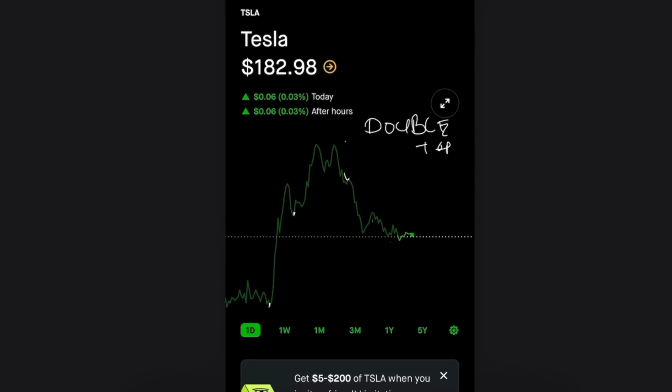You get in right here. That's your entry, and then you ride it back up to right there. Now, if you know what you're doing and you have your stop loss on, you can hold this because it may end up going higher. But once it reached this level right here, it came back down. Strong move up, it comes back up, like clockwork, guys.